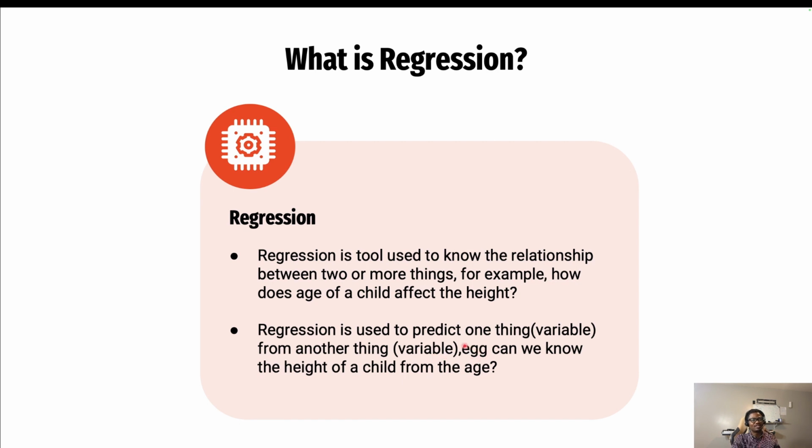So again, regression is used to predict one thing, a variable, from another thing, a variable. Can we know the height of a child from the age, right? That's what I'm saying: from the age of the child, can we know the height? So linear is when we have two things whose relationship is a straight line. Regression is the one that says, the two things that have a relationship, I can actually predict one if you give me the other. If a child is born right now, in 10 years I can predict how tall the child will be.